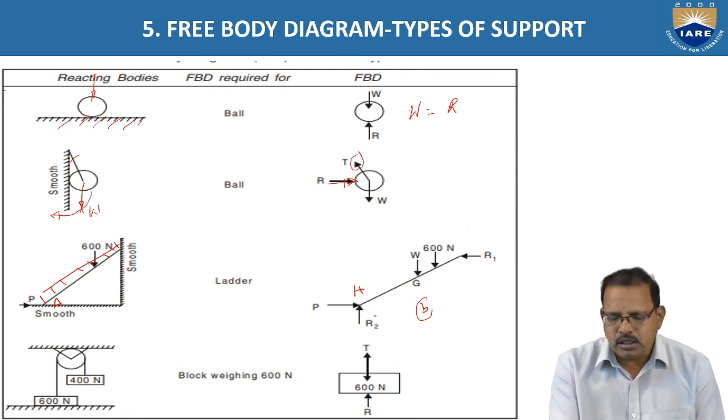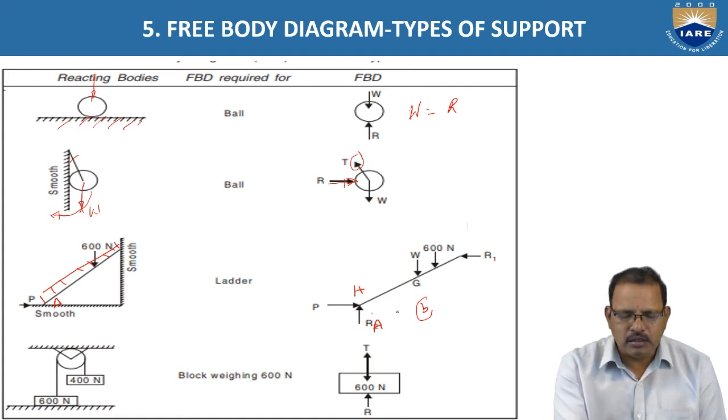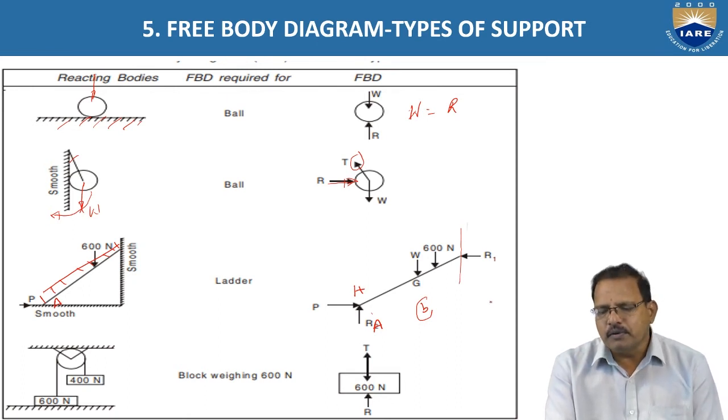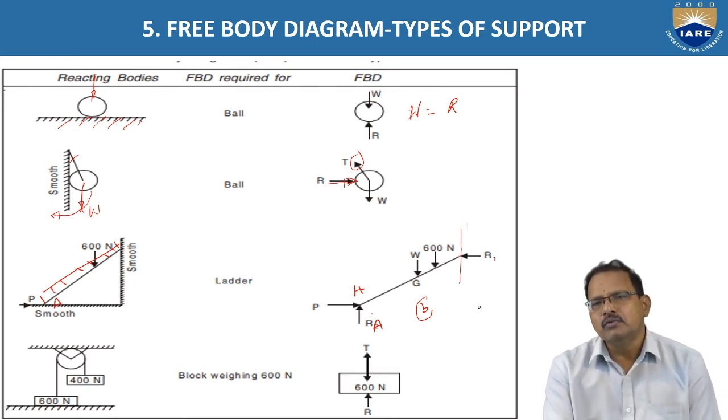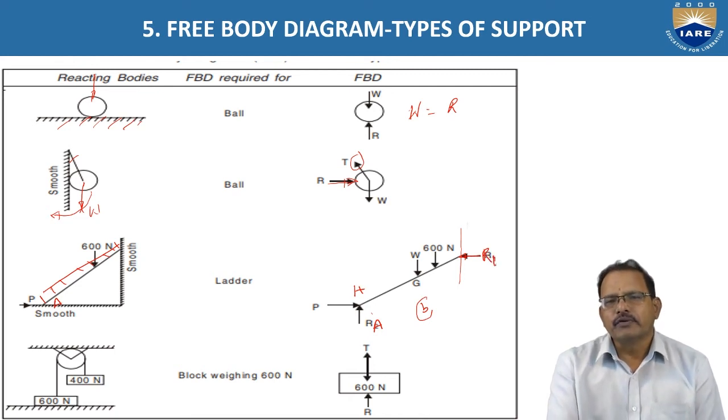Hence, the reaction at A, that is RA, is acting vertically upward. Similarly, at the vertical surface, it is also preventing the ladder from moving toward the right side. Hence, the reaction is acting toward the left side.